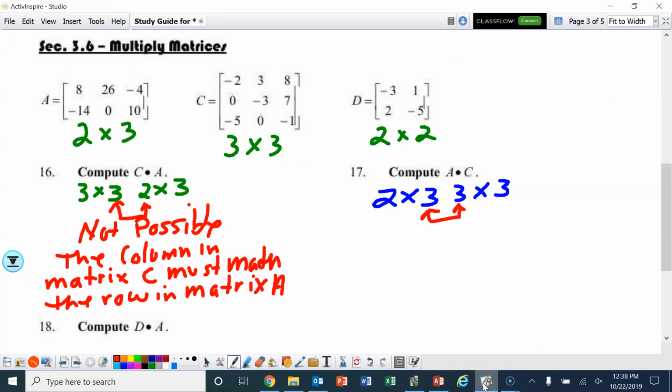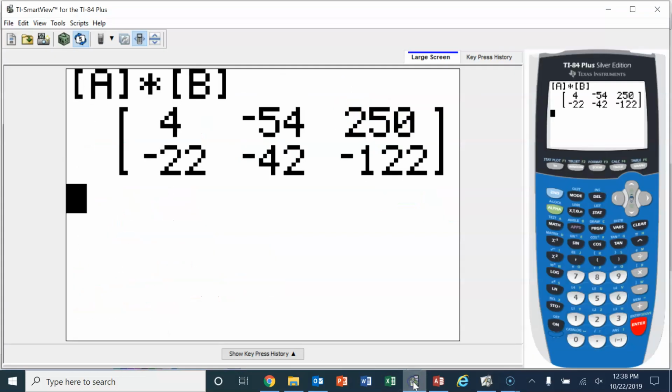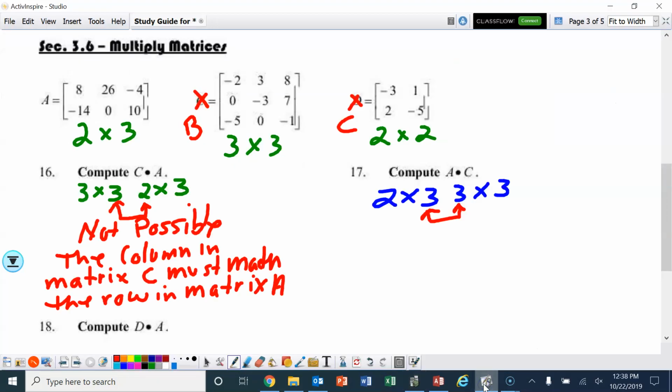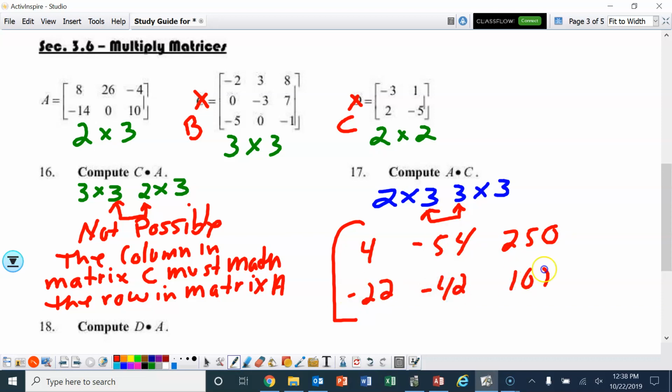Okay, so I put this one in B on the calculator, and I put this one in C on the calculator. All right, so let's see. Our answer to that problem is that. All right, let's write that down. So we got 4, negative 54, 250, negative 22, negative 42, and 102.